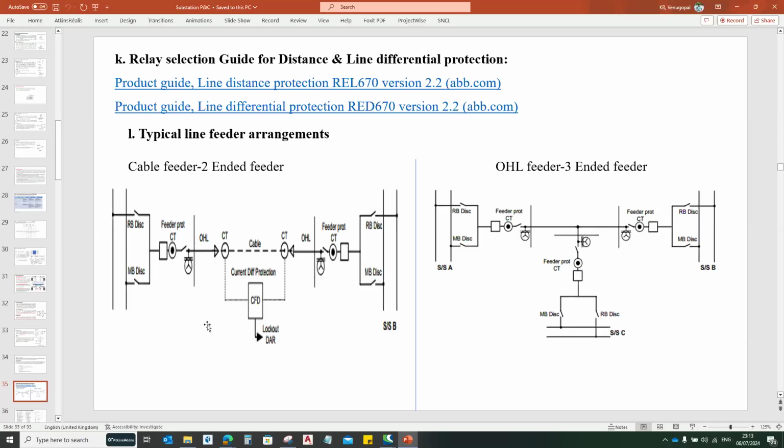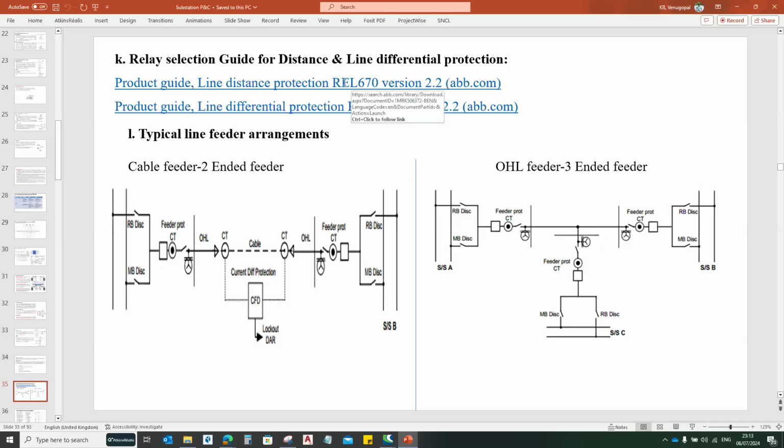If the line differential protection is operated as well as the cable differential protection, then it will block the auto reclose command to the circuit breaker. So this is the feeder arrangement, and the second type of arrangement will be three stations interconnected: substation A, substation B, and substation C, connected either through overhead lines or through cables. Those possibilities will be there.